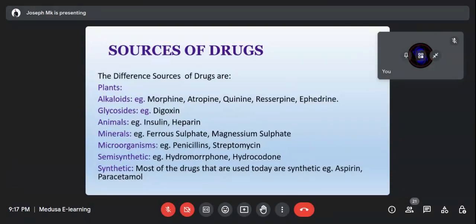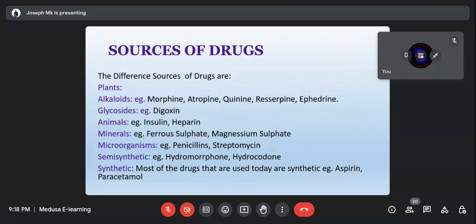Then we all know that there are drugs that are just manufactured, those that we call synthetic drugs. Remember last year in organic chemistry, is it aspirin that we were preparing? So that one we can say it's a type of source that is falling under synthetic drugs because we were getting alcohol and some other things, then we synthesized a drug, and that drug we called aspirin.